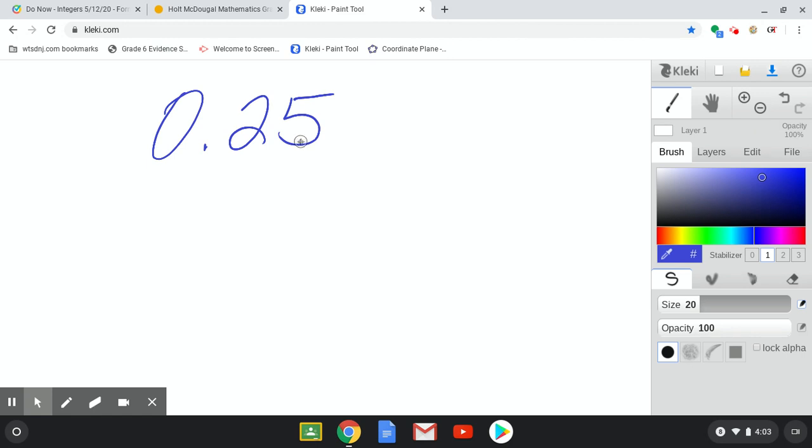Because the 5 is in the hundredths place, I say that place value. So this is 25 hundredths. So I'm going to just write the fraction I just said. So the decimal 0.25 is read as 25 hundredths.